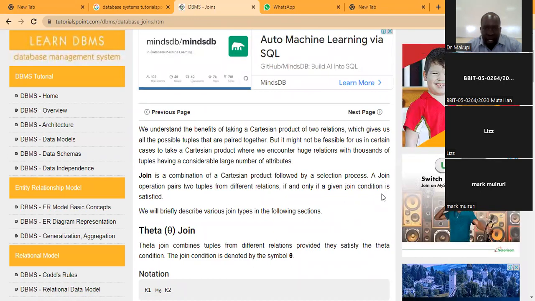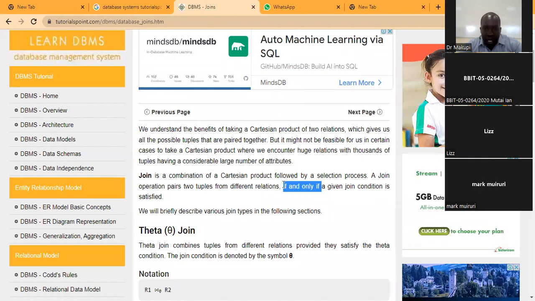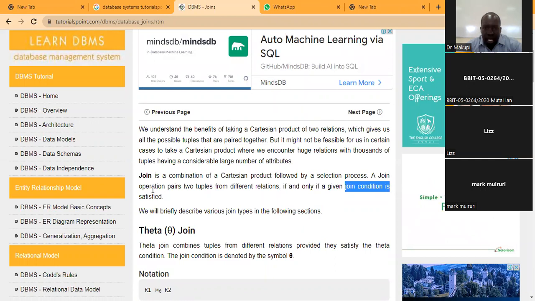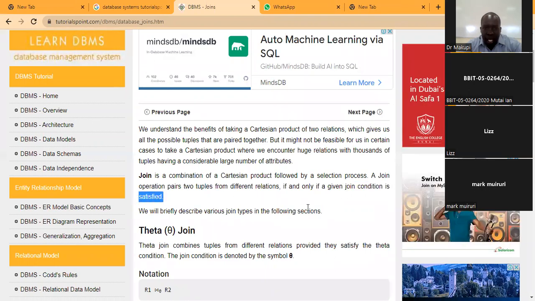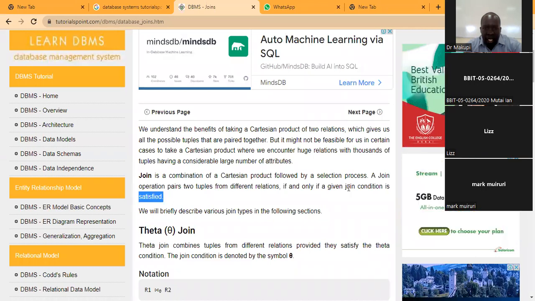That is why I am saying if and only if, get the two statements, if and only if a given join condition is satisfied. As soon as a given join condition is satisfied, then a join operation can pair the two tables from the different relations.